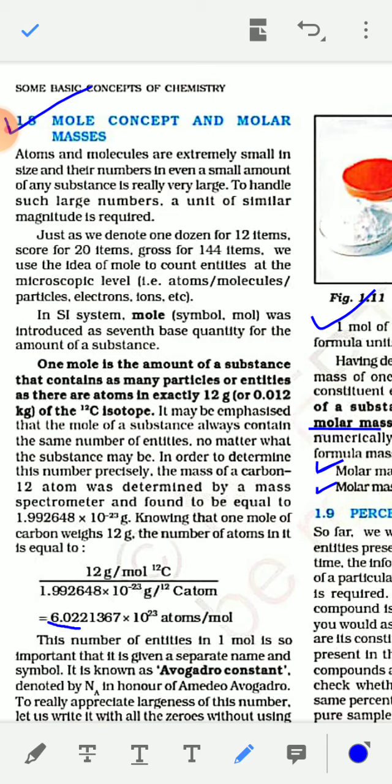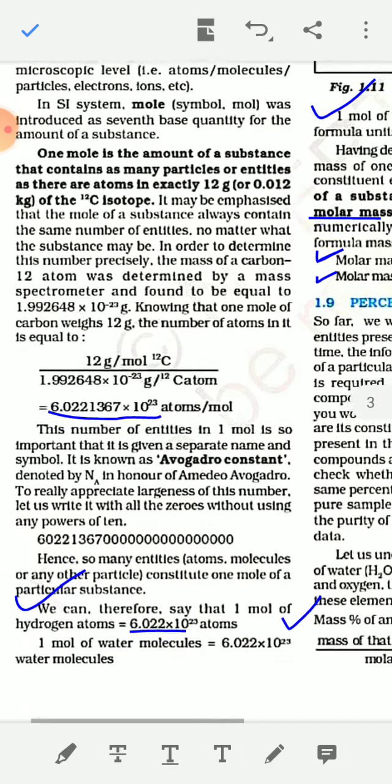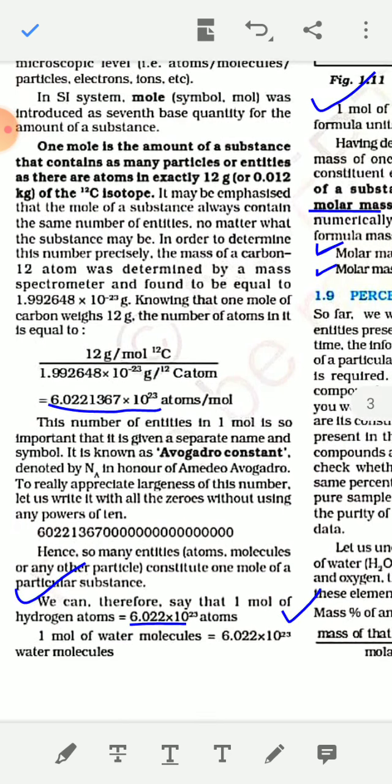Okay, this number indicates 1 mole. So 1 mole of substance means 6.022 into 10 to the 23 particles. Like 1 gross means 144.